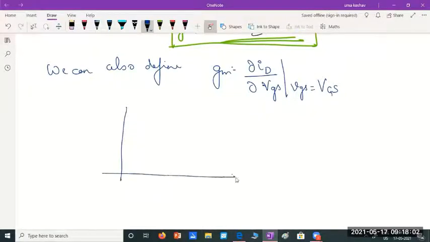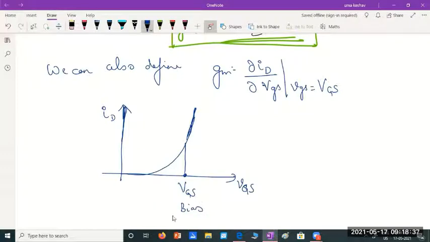You look at the transfer characteristics where you have a plot of ID versus VGS. The transfer characteristic curve looks something like this. Sorry, this is a smooth curve. It looks something like this. Here, I am going to fix one value of operating or bias voltage VGS.